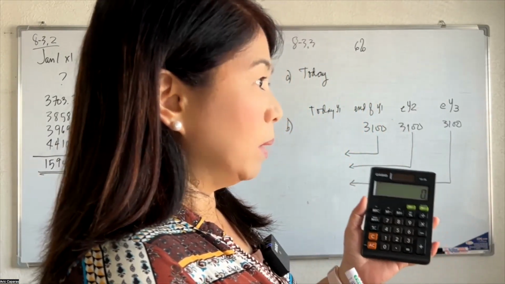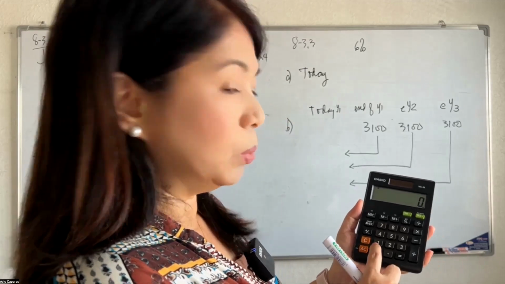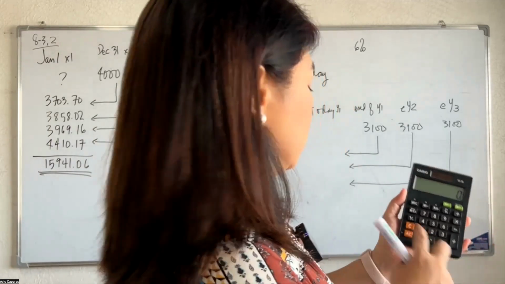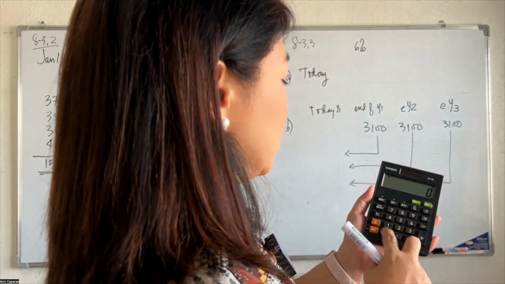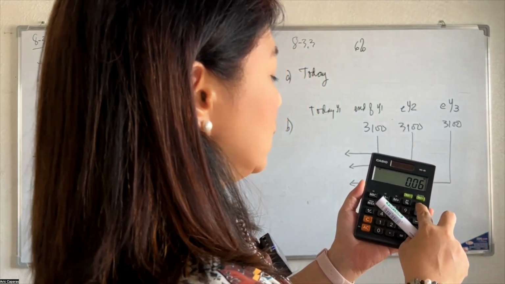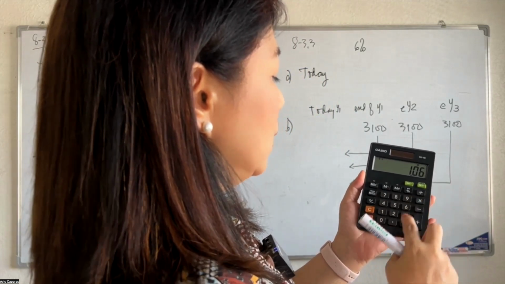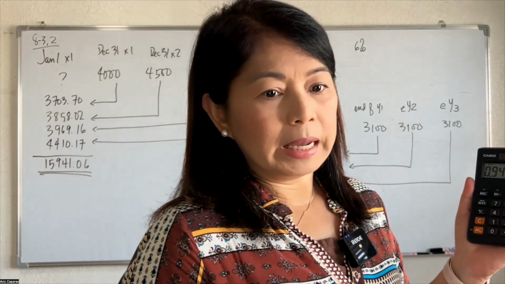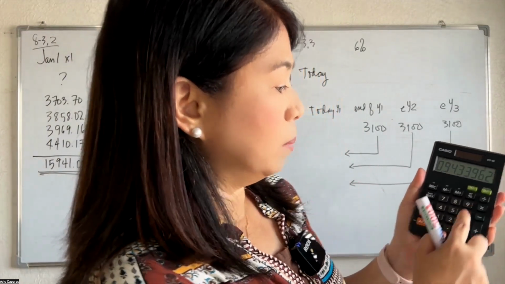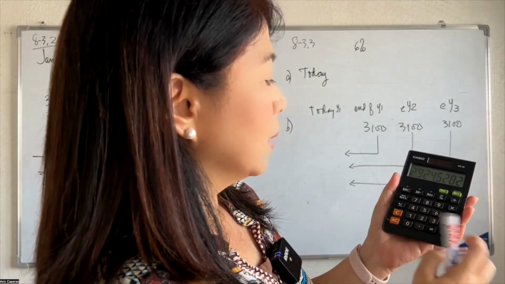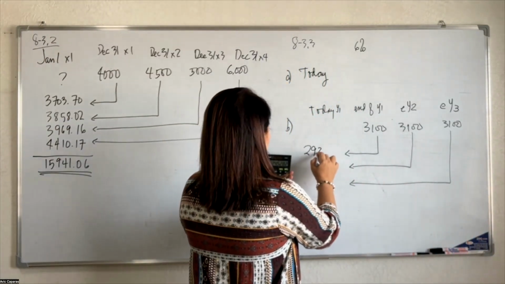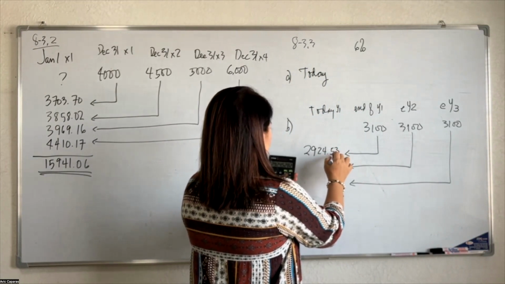So remember, we're getting the present value. I mentioned 6%, 1 plus 0.06, twice the division equals. The first one is 0.943 multiplied by 3,100. That's 2,924.53.